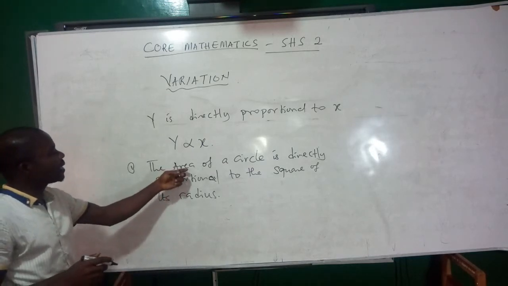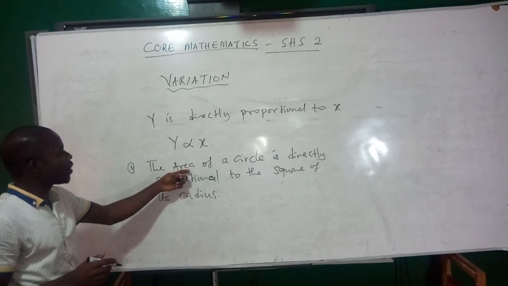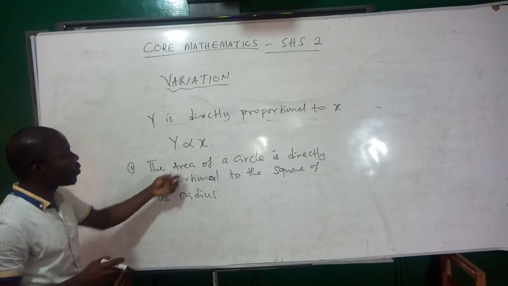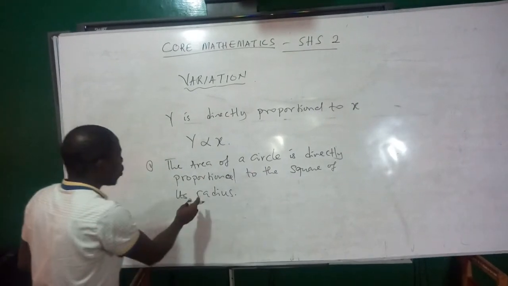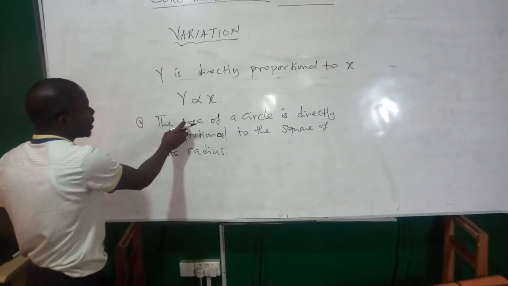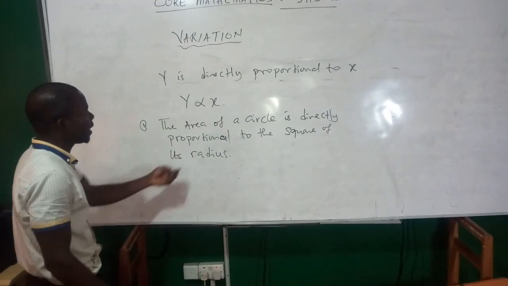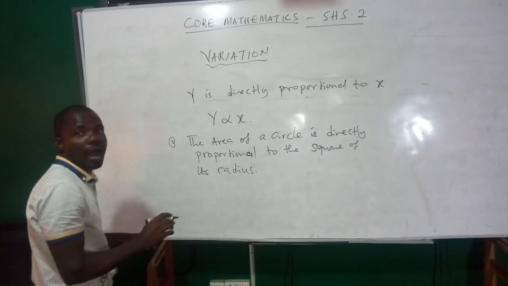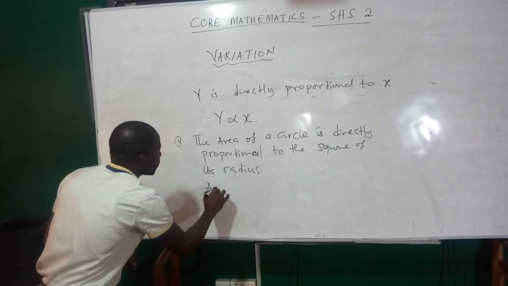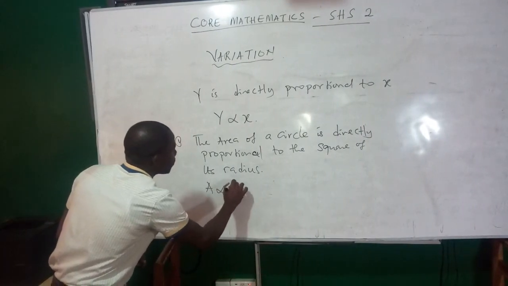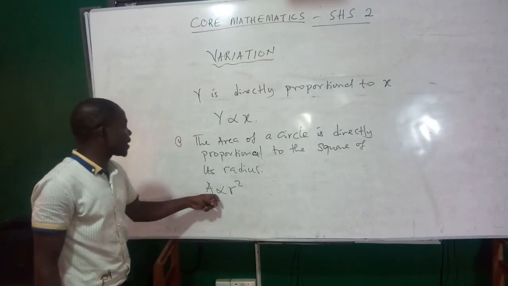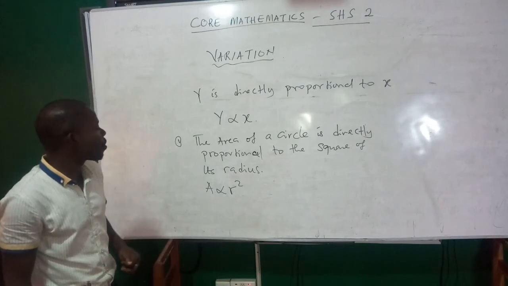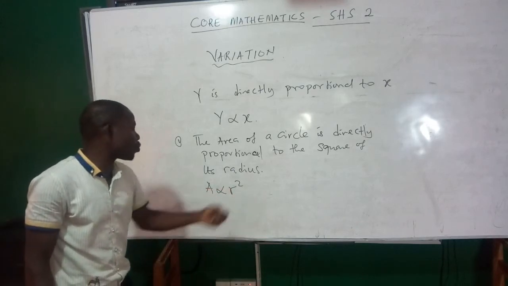Here we represent the area, which is a variable, and the radius also by a variable. So let's use A to represent the area and R the radius. And then we are going to have A is directly proportional to the square of R, or R squared.